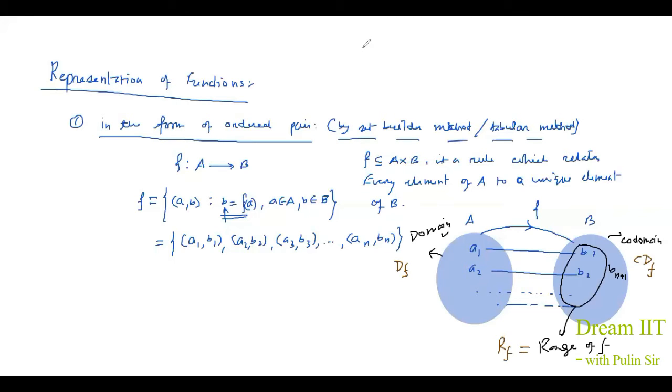In this case, in the relations we got, A1 is known as the pre-image of B1, and this B1 is known as the image of A1.